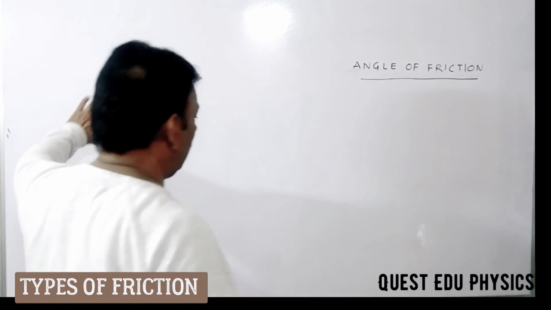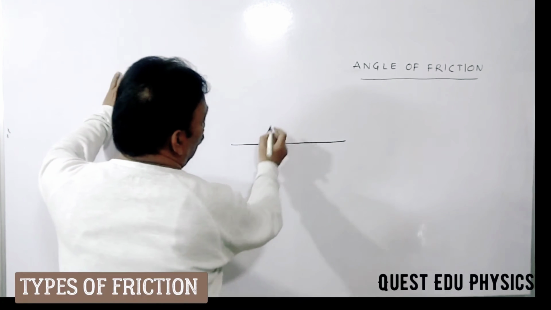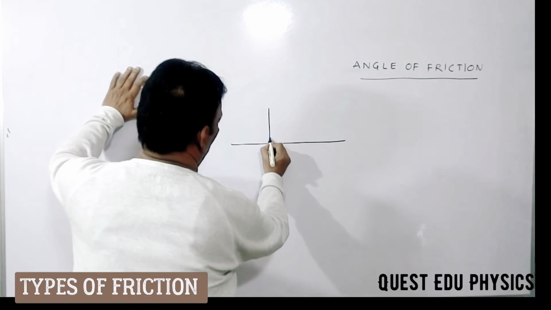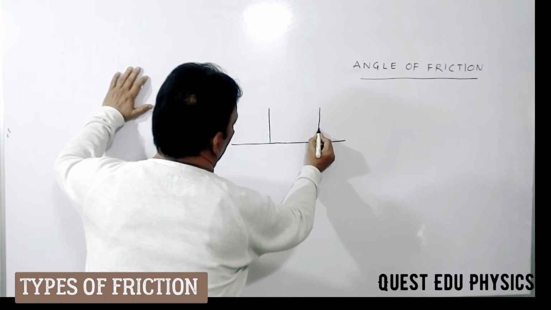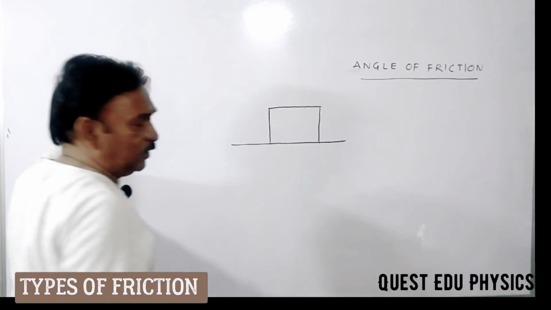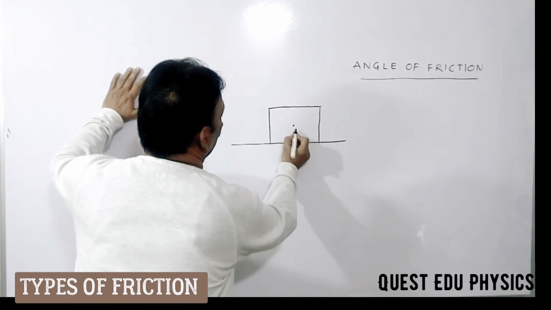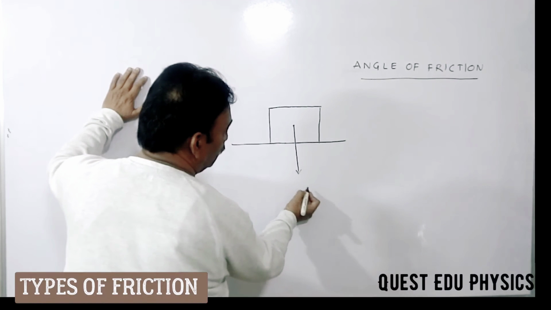Let's say the surface is a rough surface and we kept a body over this surface. It is a block which is kept, and you know that the weight of the body will work vertically downwards.